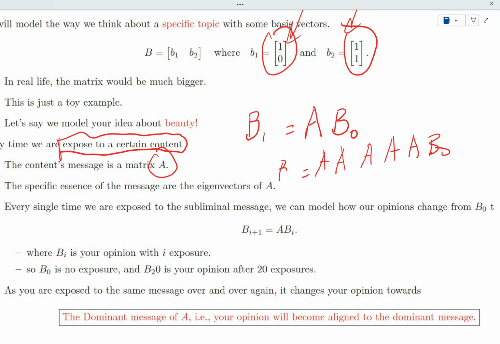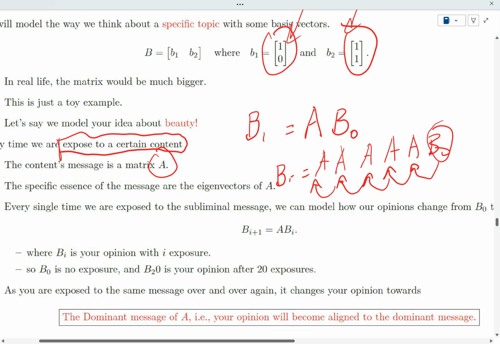So this would be B5. As you continuously get exposed to the similar message, your opinion will keep changing. So we put the lower index here to represent how many exposures you've had.